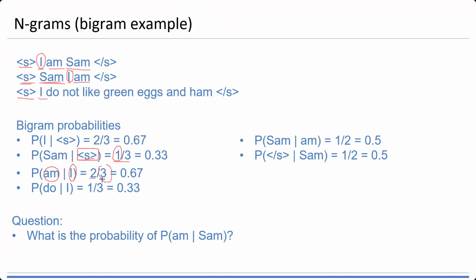So 2 out of 3, we can see the word M followed by I. So we have 0.67 as the probability of M given I.